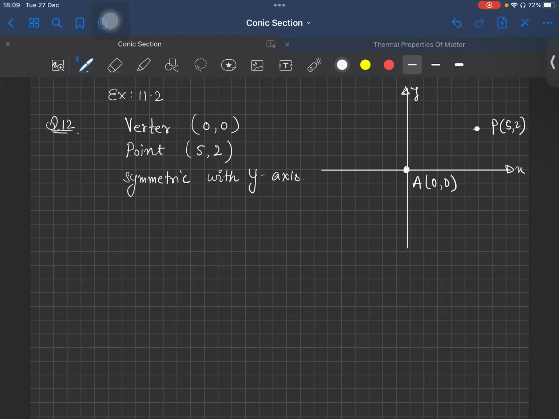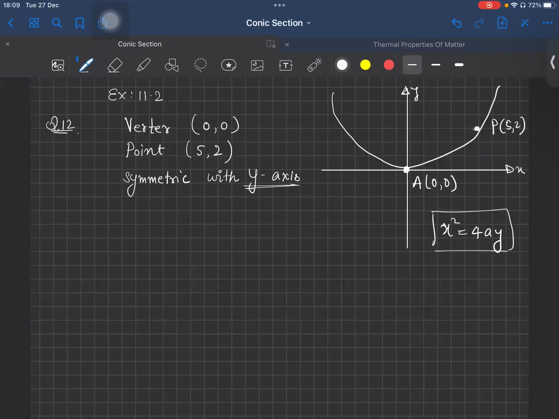It is symmetric with the y-axis, so the graph will be something like this. It cannot be the downward graph, because it will not pass through this point P. So this parabola is not possible. And we know if a parabola is like this, it is x square is equal to 4ay, right? Now you just need to find the value of a, isn't it?